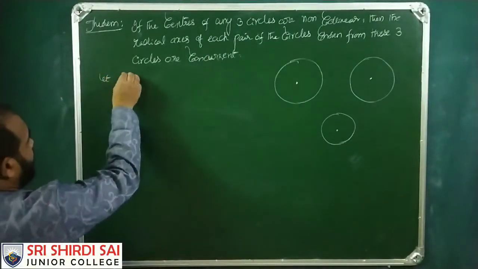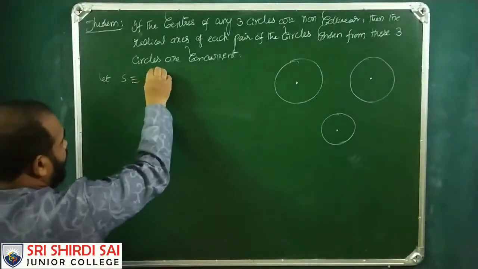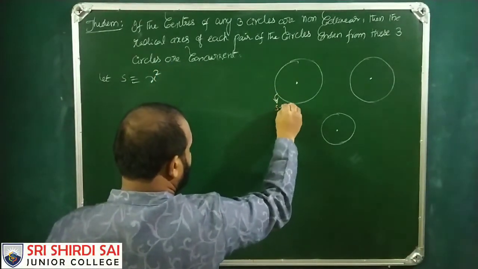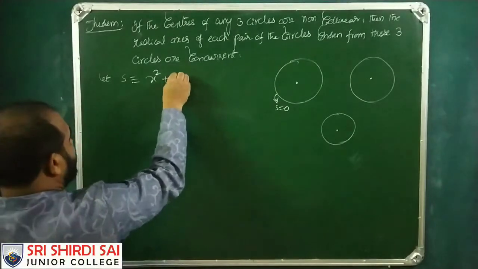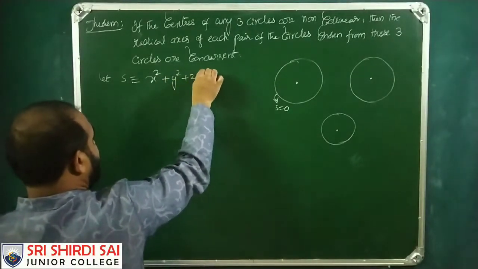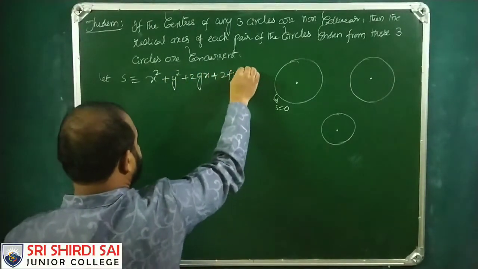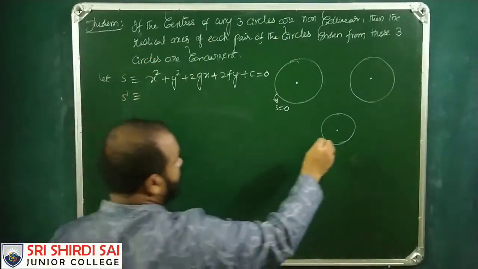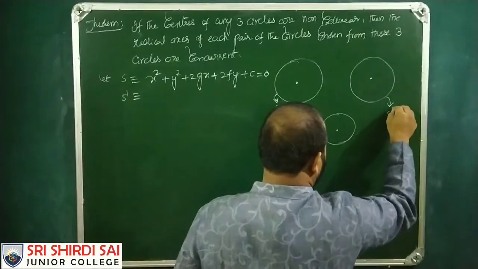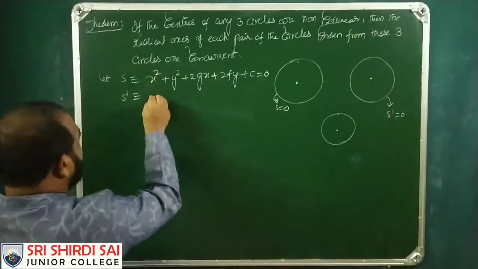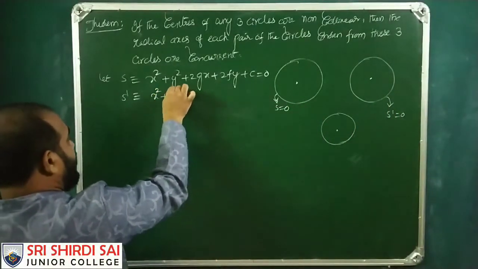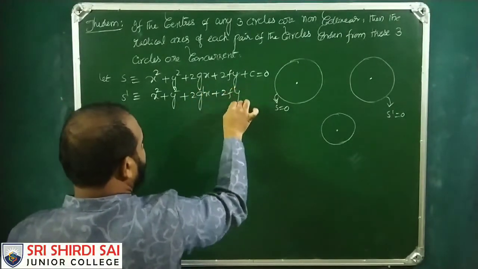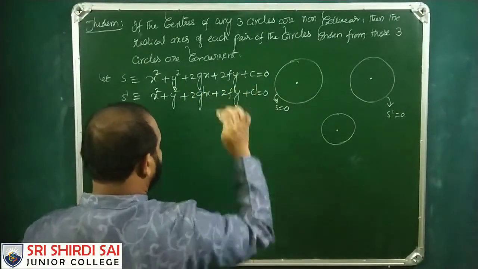Let S be one circle, this is S equals to 0. That is x square plus y square plus 2gx plus 2fy plus c equals to 0. S dash equals to 0 is x square plus y square plus 2g dash x plus 2f dash y plus c dash equals to 0.